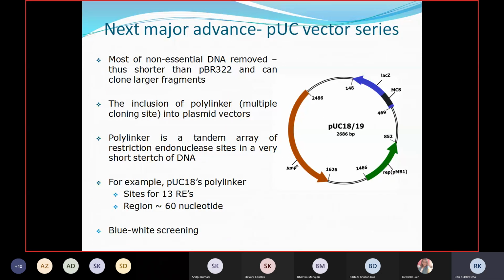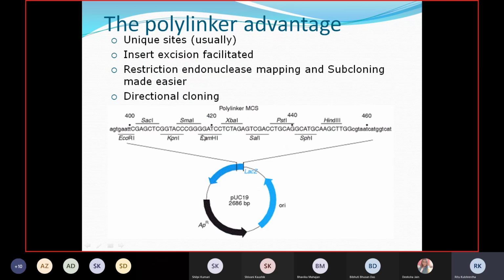Okay, so now coming first to the MCS. In this case, it was around a 60 nucleotide long DNA region, which had sites for 13 different restriction enzymes, which is definitely a very big advantage in terms of practicality when you are cloning your gene of interest. So the advantages are, you have more options.